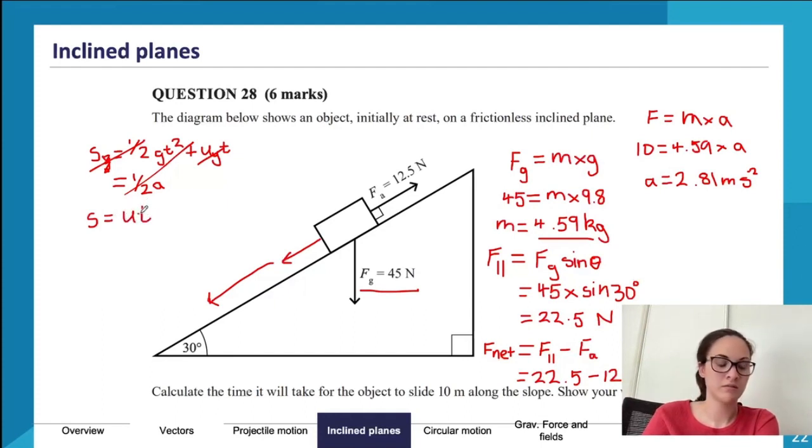UT plus half AT. But the only thing is that we don't have that. So, just thinking, what we're going to do is we're going to say 10 meters.